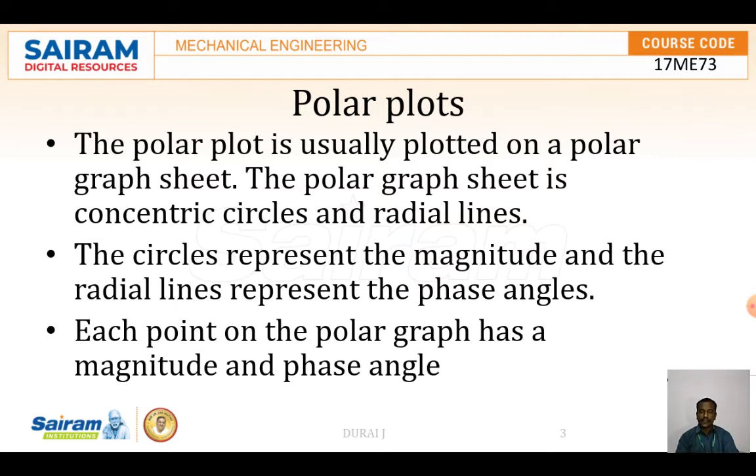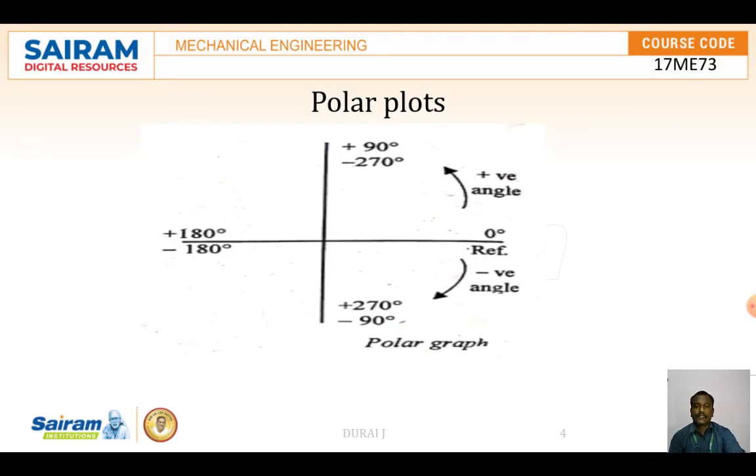The angle lines come depending upon the divisions, throughout the 360 degrees, the lines have to be made over here. And comes the next point, each point of the polar graph has a magnitude and phase angle.